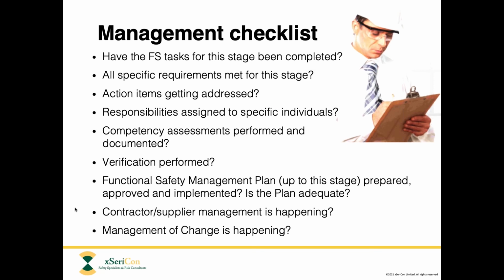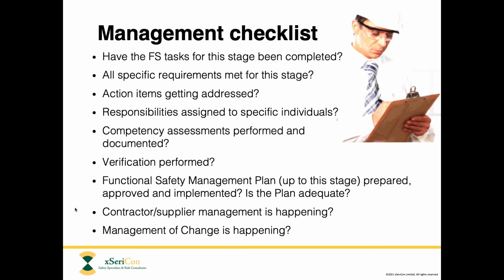If the tasks executed so far have generated action items, then we would like to see that those action items have been put in a register of some kind and that they're getting closed out, and there's evidence of closeout and sign off for those.